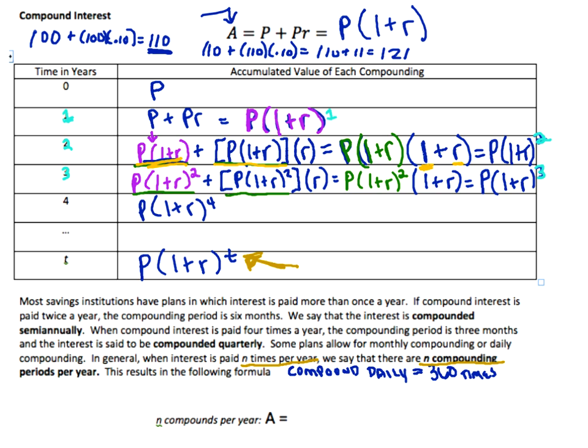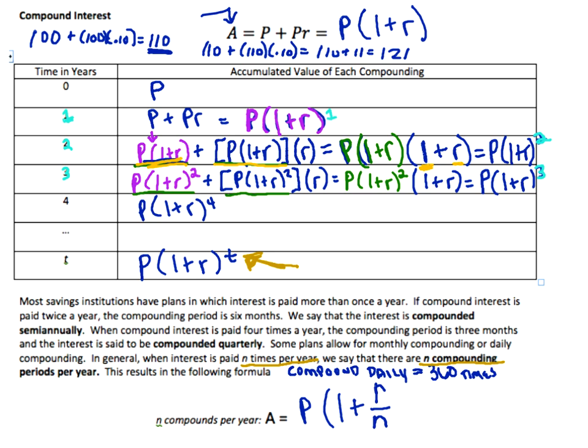So the formula for compounding is given as A, your account balance, is principal times 1 plus, we don't say R, we take our rate, that's an R, and divide it by however many times we compound it.